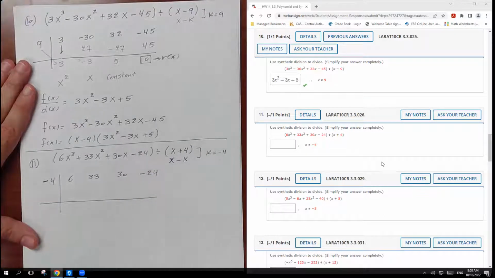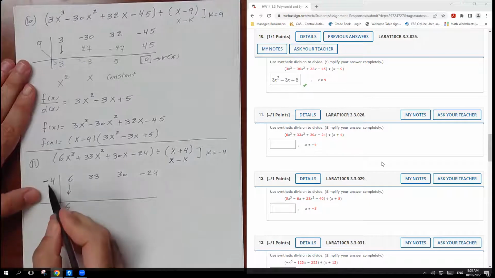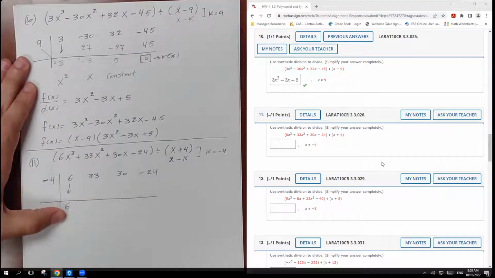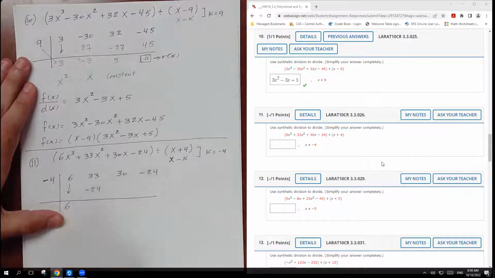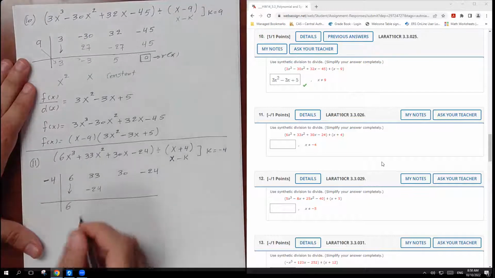So next step, I'm going to write down the 6. -4 times 6. Now it's time to multiply. -4 times 6 is -24. Now, 33 minus 24 is going to be 9.